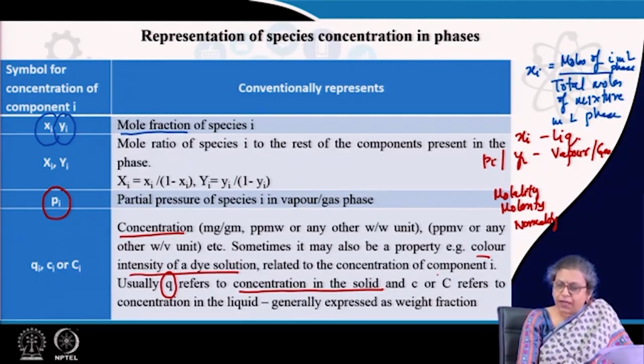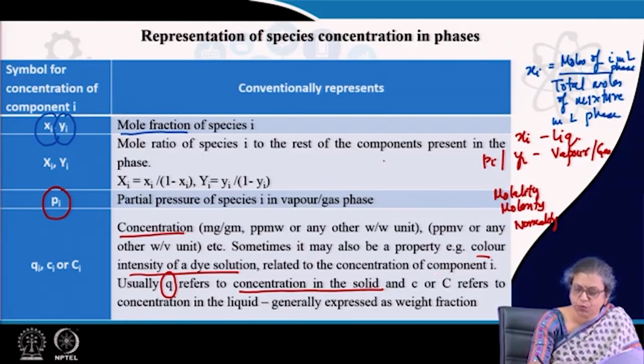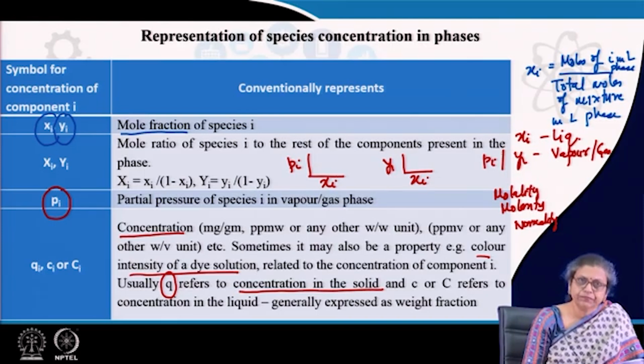So, for distillation and absorption, generally we deal with Yi versus Xi. For absorption, sometimes it is preferable to use Pi versus Xi.